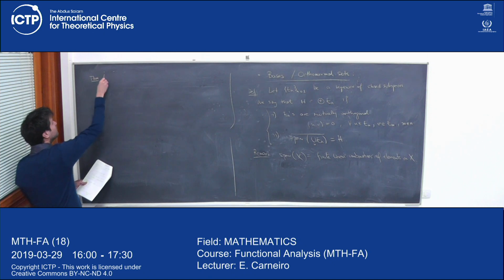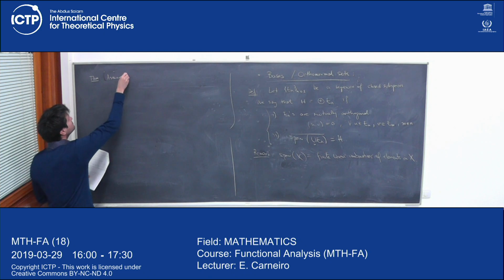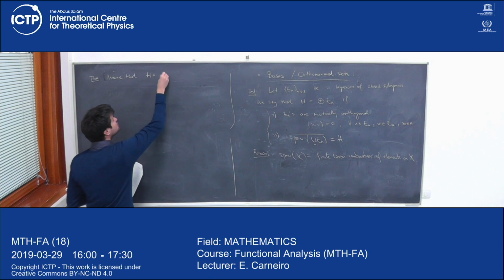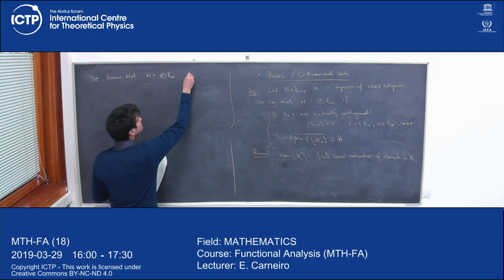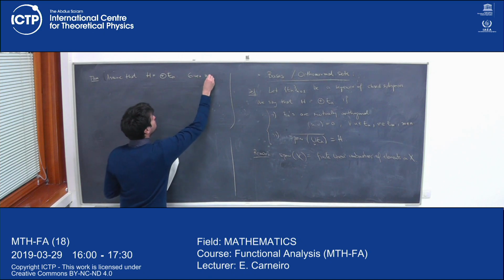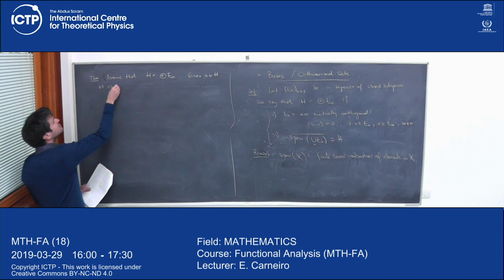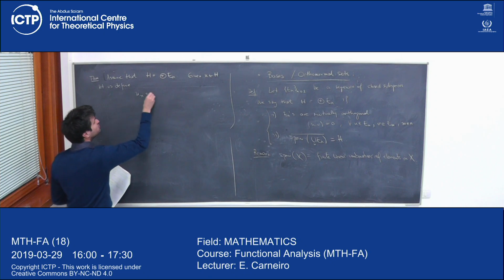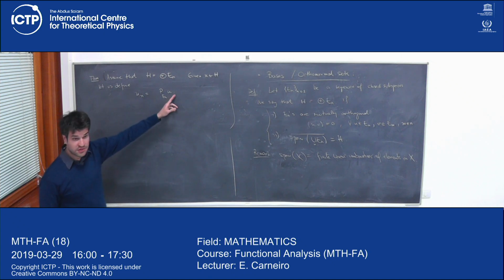Theorem. Assume that I'm going to write my space H as a sum of subspaces E_n. Given u belonging to H, let's define u_n to be the projection of u over the subspace E_n. I have already defined the projection of a vector over a closed subspace.